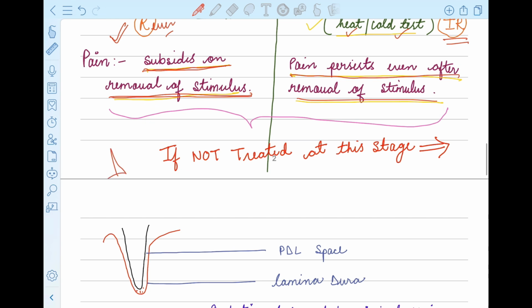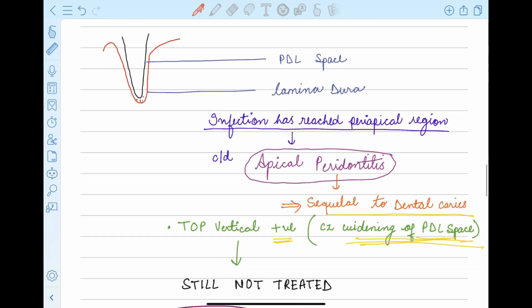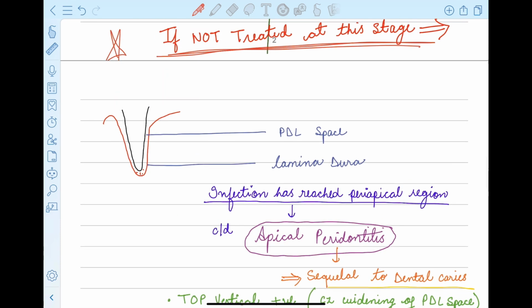Now this is very important. Even at this stage, if your tooth is not treated, then it will lead to this. What is this? Apical periodontitis. Now let's understand what is apical periodontitis. Till here, the infection was in the root.